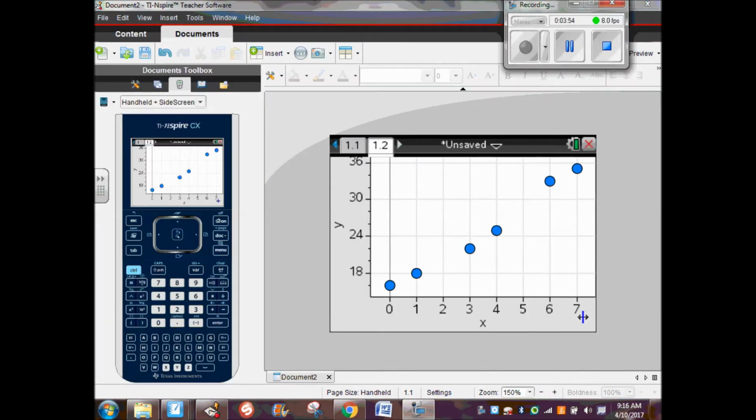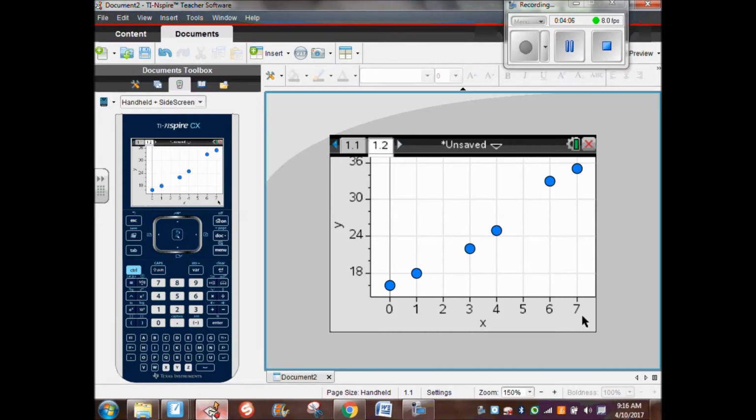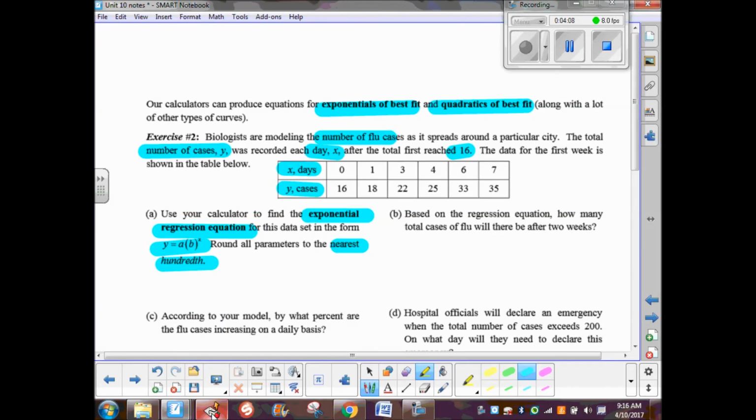So once you have that, it does look kind of linear. It does look kind of linear. But the one thing it said back here, it says exponential regression. They're telling you which one they want you to use.